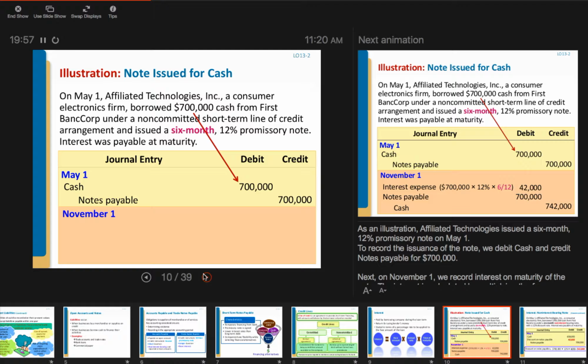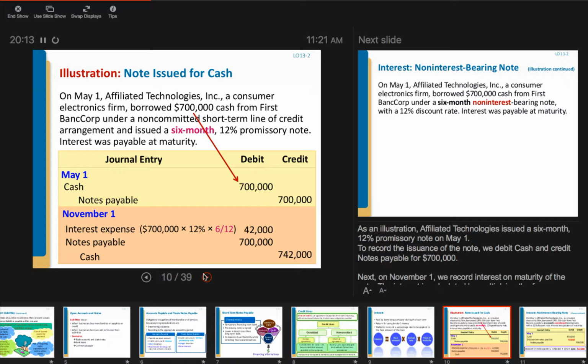Then as time passes, in this case, we have a 6-month period that passes, and every 6 months we're supposed to pay this interest expense. So I'm calculating it. Again, pay attention to the fact that this is only half a year.